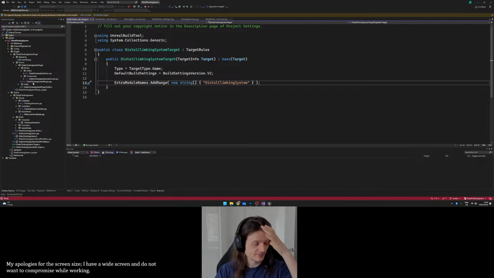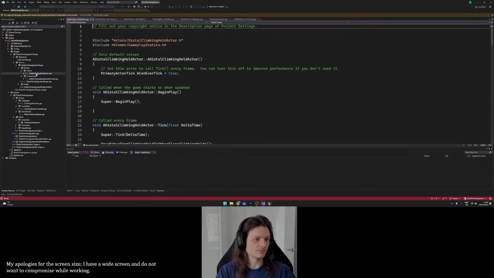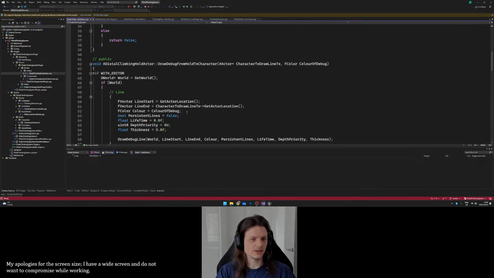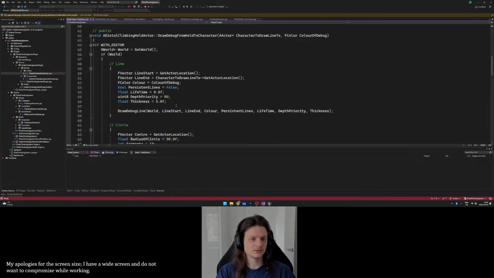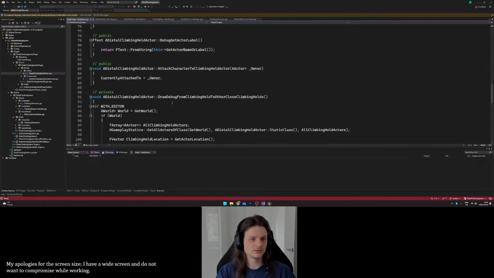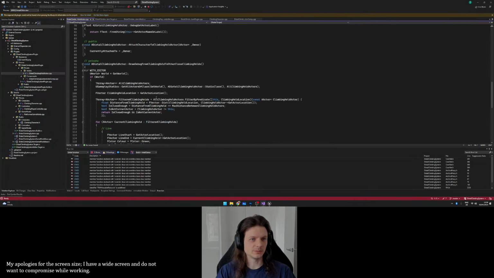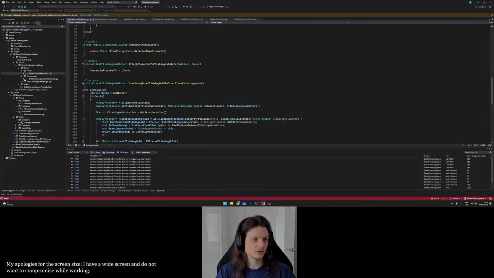Well, I need to remind myself of how this all works. So it looks like we have a plugin. Let's zoom out a little bit. What is that plugin doing?